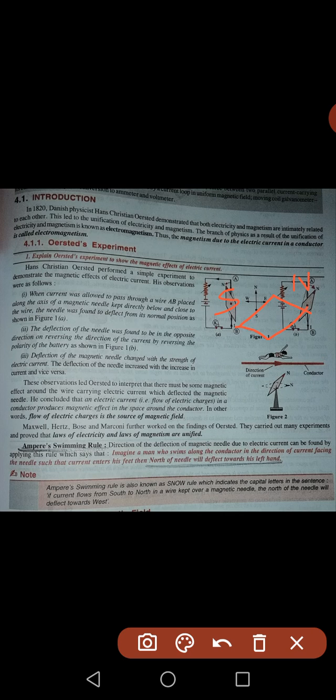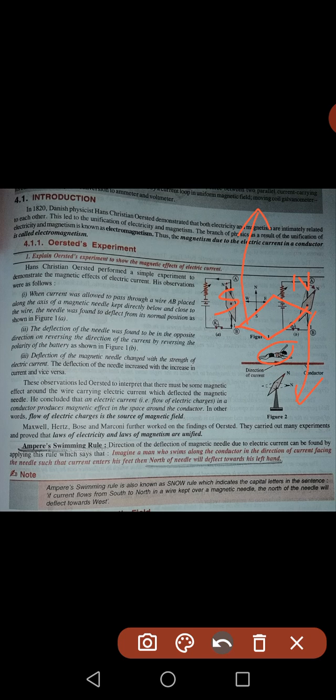So which one will be the left side for the person? If the person faces the sky, the left side will be this side and the right side will be this side, and the north pole will shift towards left, towards left hand. So if this side is left, then this north pole will shift this side and south will shift that side. Clear?